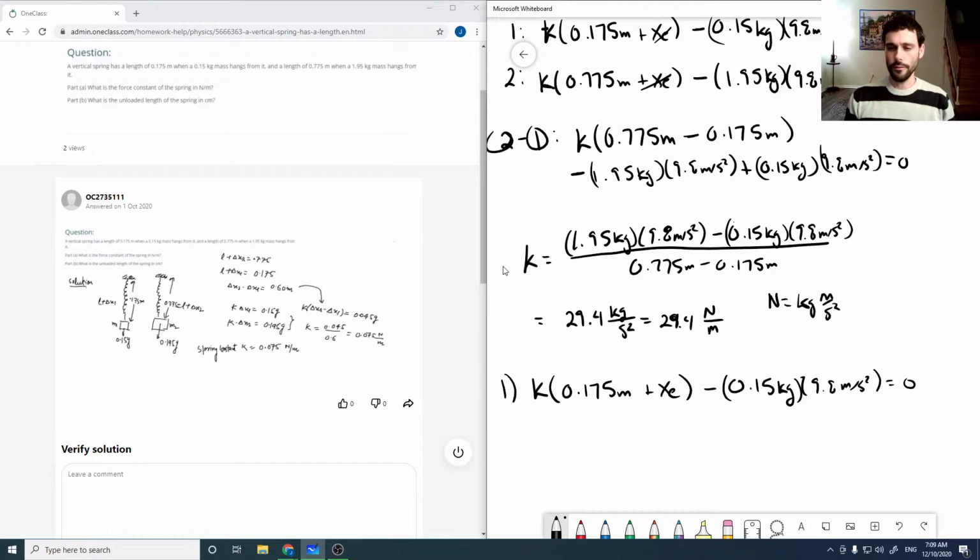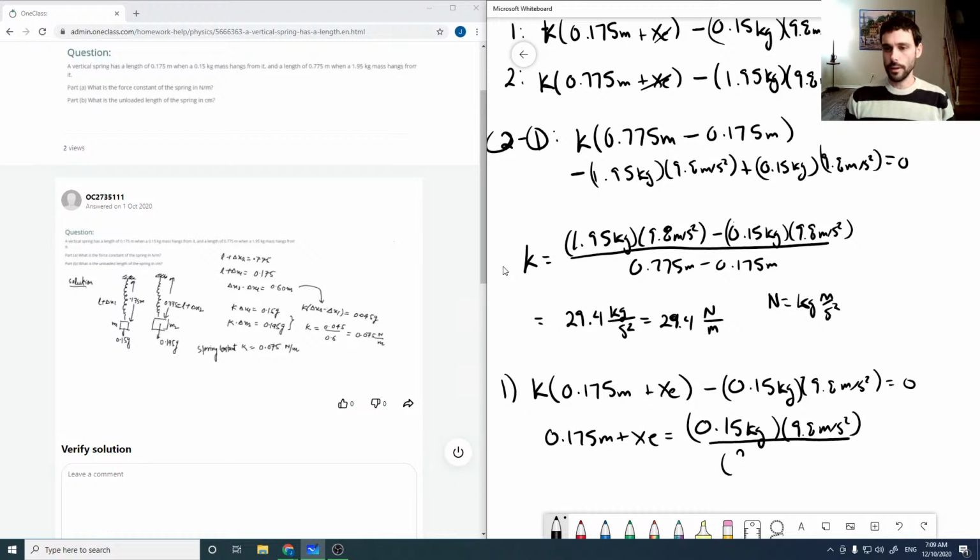So we can solve for XE: move this piece over, divide by K, giving 0.15 kilograms times 9.8 meters per second squared over K.